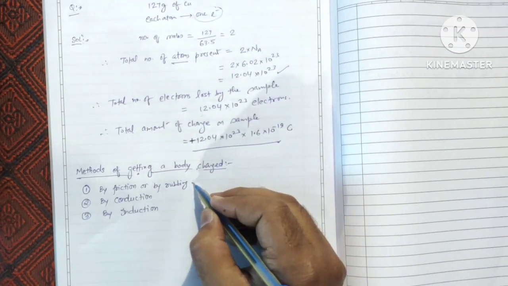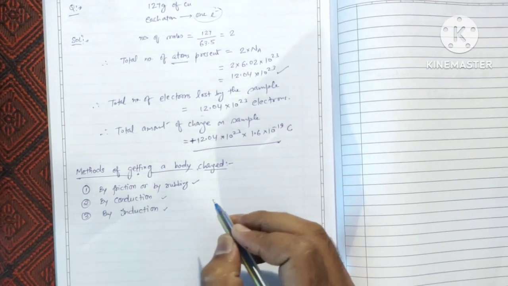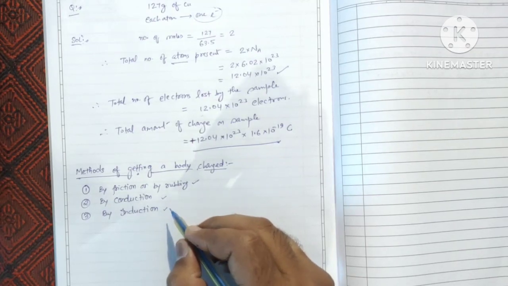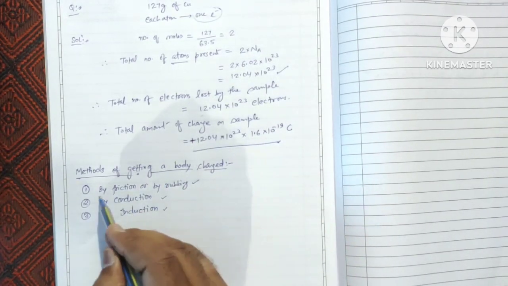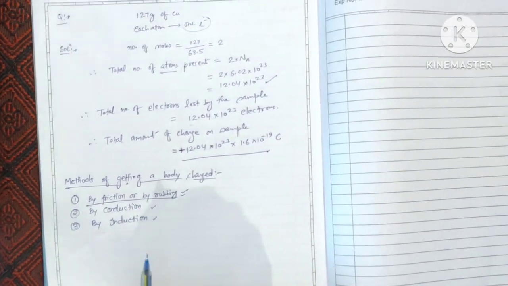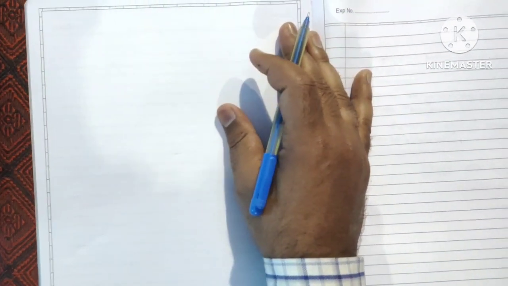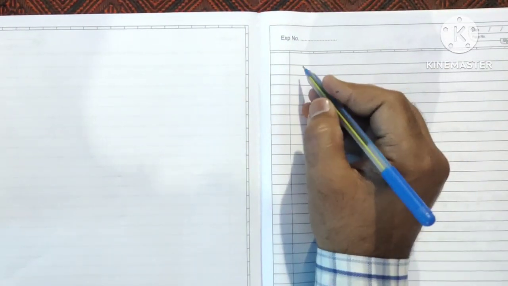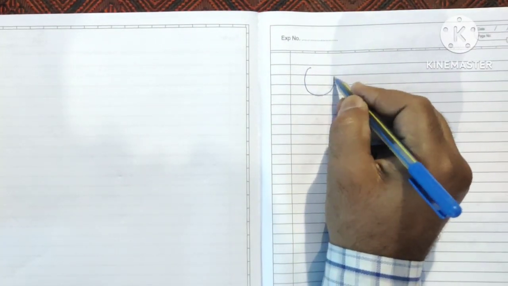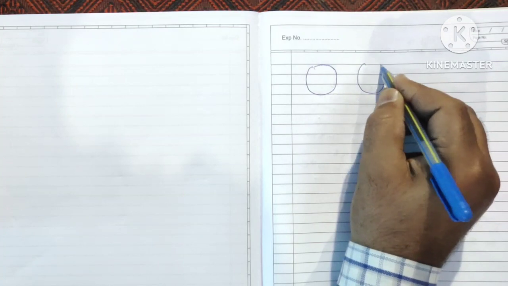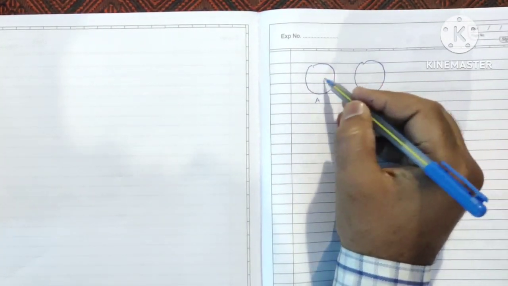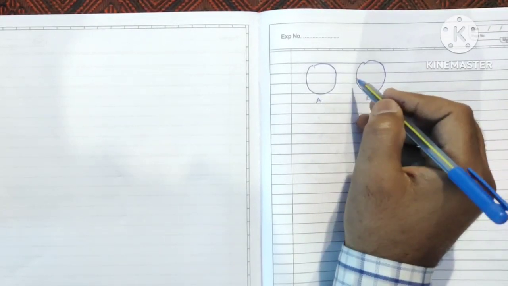I'm going to explain all these three one by one. Each and every single detail will be disclosed over here. So let's start talking about the first case, by friction or by rubbing. See, when we talk about the case of friction, we need to rub one body against another body. Let's say I have two bodies A and B, and these two bodies are rubbed against each other.